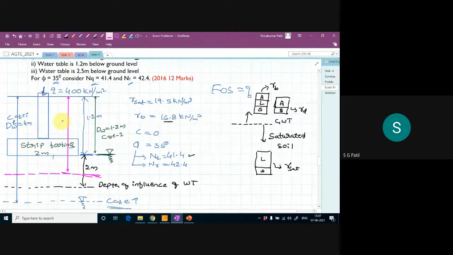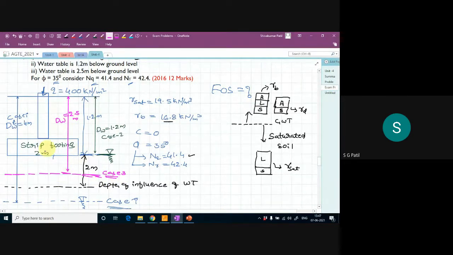What is the depth of the water table? dW is equal to 2.5 meter. Okay, so this is my case 3.